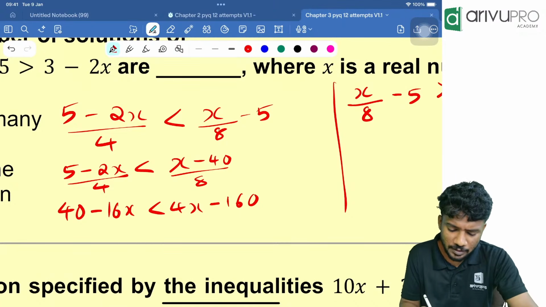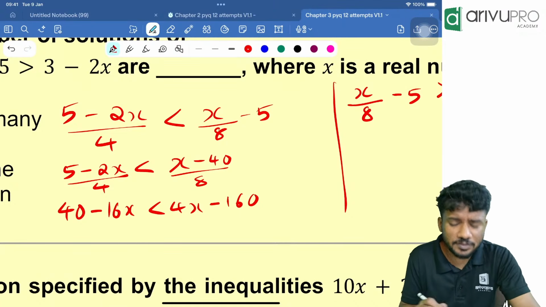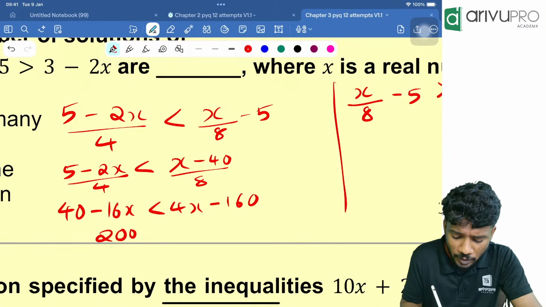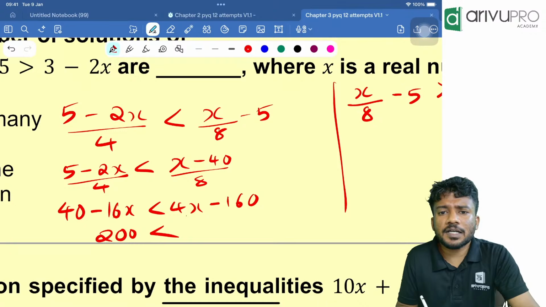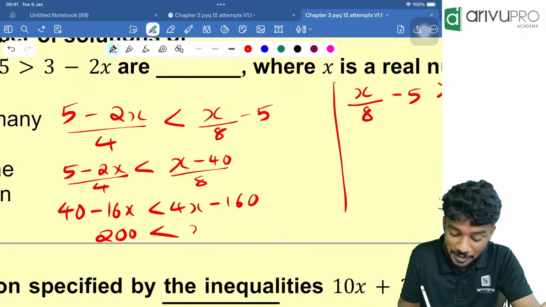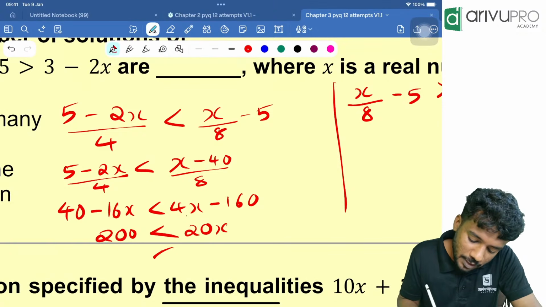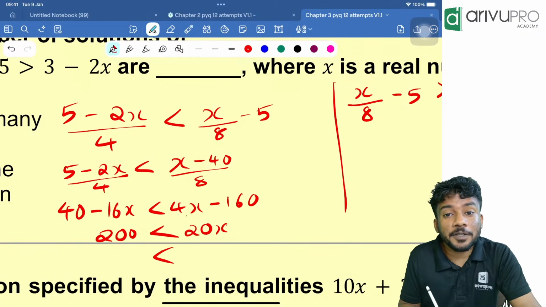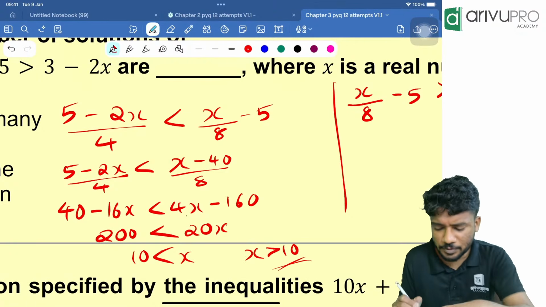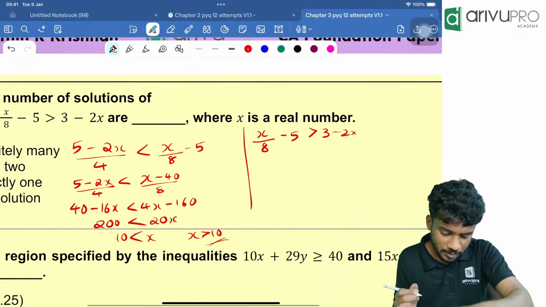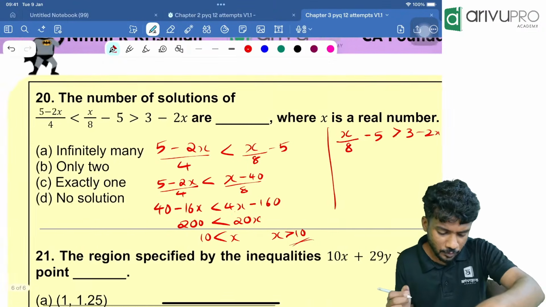Now take this to this side, minus 160 to the other side, it will become 200 less than minus 16 to this side, it will become 16 plus 4x. That means 16x plus 4x is 20x. So 200 divided by 20 is 10. So x is greater than 10 is one possibility.